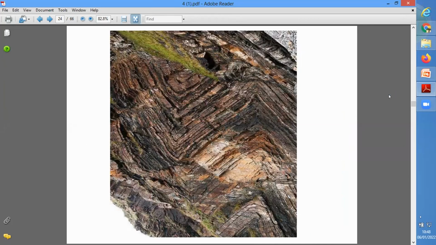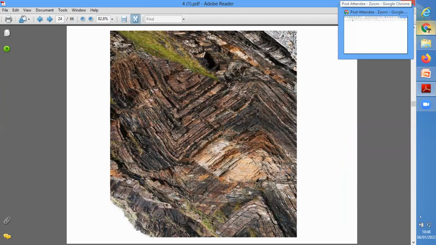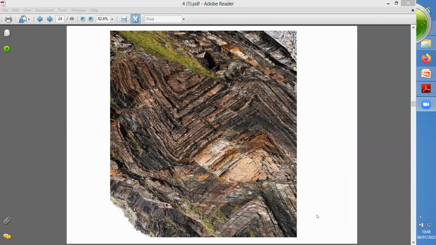Now what is about this image? Which type of the fold is here? Symmetrical fold. Yes, exactly correct. It is symmetrical fold because, just a minute, the fold axis is vertical. Here you can see that the fold axis is vertical. What is another character?